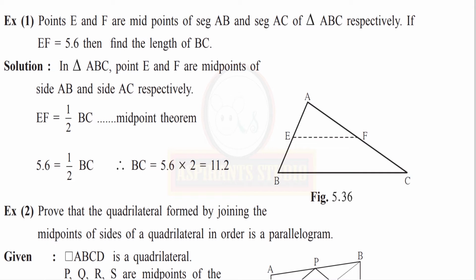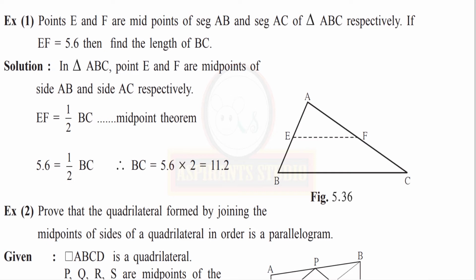In triangle ABC, points E and F are midpoints of sides AB and AC respectively. We can apply the midpoint theorem. In the midpoint theorem, the second part has the wording "half of it". The segment joining midpoints of any two sides of the triangle is parallel to the third side and half of it.